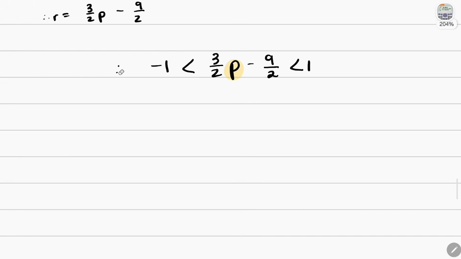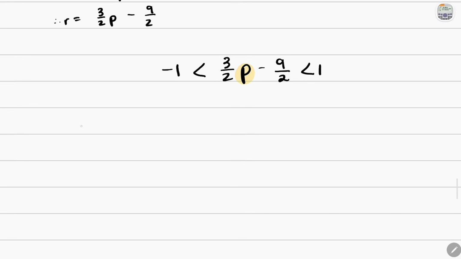We can do that by adding 9 over 2 on all sides. Remember, these are really just two inequalities that have been put as one, since the values are greater than -1 but less than 1. They fall within a common interval, really.